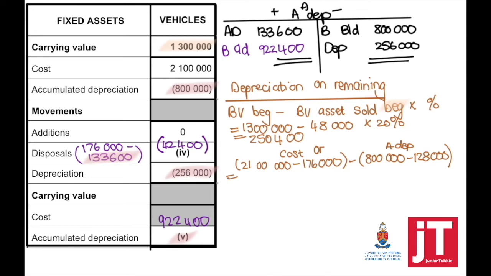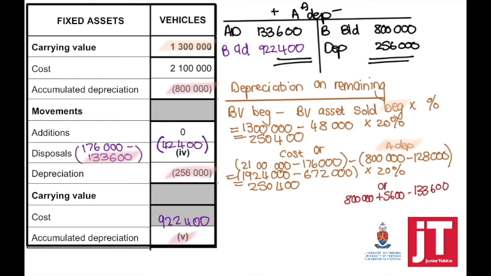So the cost in the beginning is 2.1 million minus the cost of the asset which we disposed of, minus the accumulated depreciation, the balance in the beginning, minus the accumulated on the asset which I disposed of in the beginning. That equals exactly the same answer.